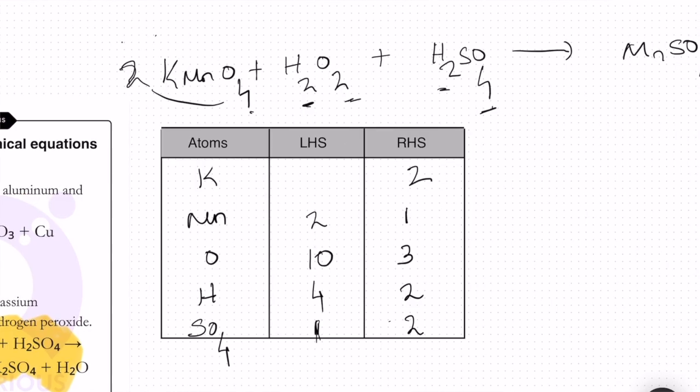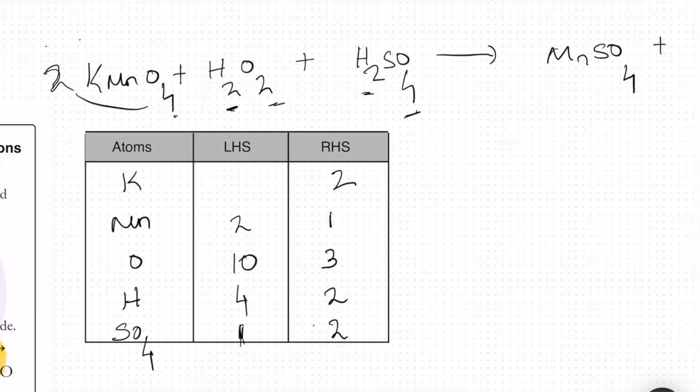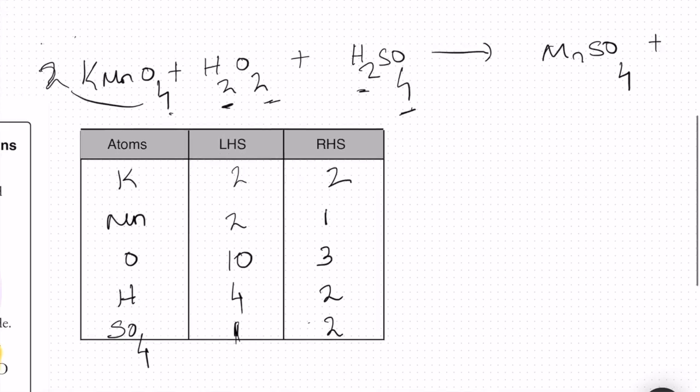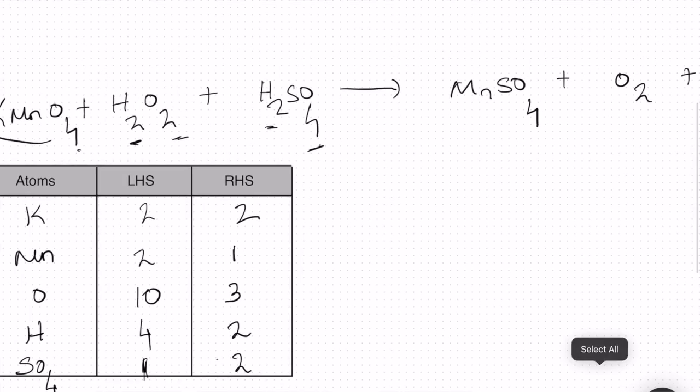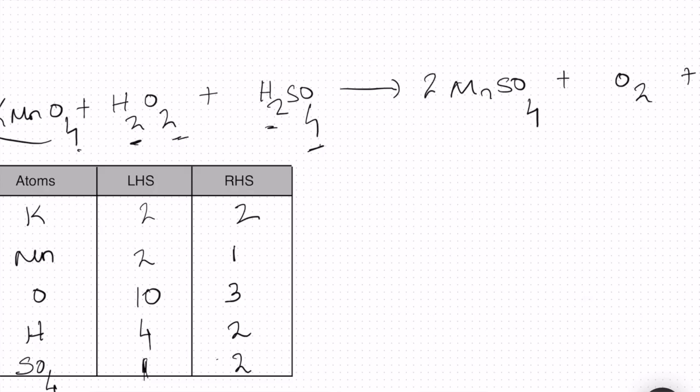So how about hydrogen then? Hydrogen is not involved. So we have changed 2 of the 3 here, which means we have to change the manganese atom on the other side as well. So manganese has become 2. We'll add 2 here and we'll multiply the manganese atom by 2.